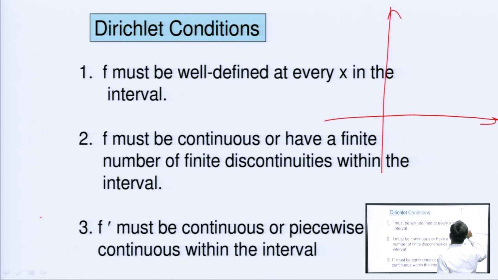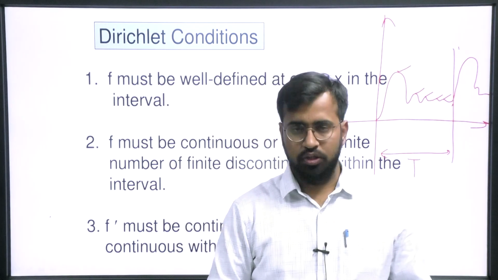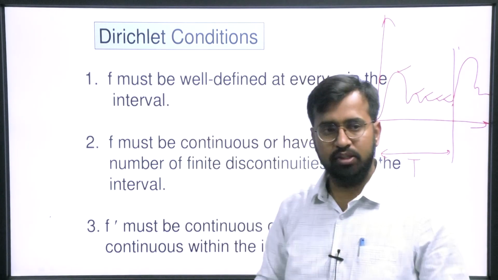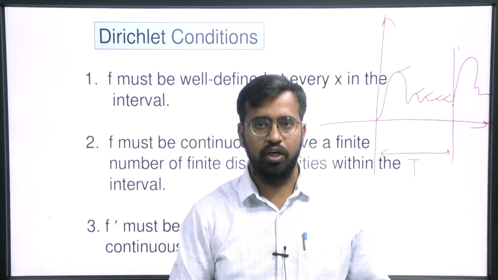If a function is like this, and this is one time period, there are many maxima and many minima. So this also violates the Dirichlet condition. Thus, the function must have a finite number of maxima or minima. These three conditions must be satisfied for any function to be represented in the form of a Fourier series.